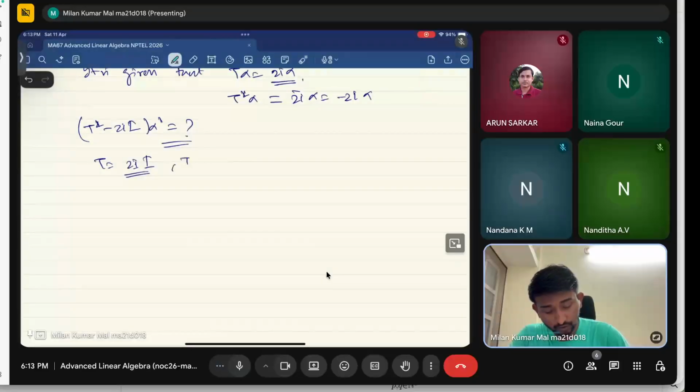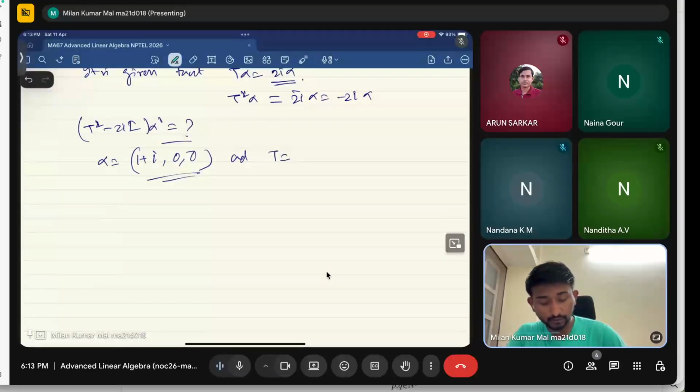So what about this? Okay, let's take alpha equal to some vector like 1 plus iota, 0, 0. This is the vector. Let me phrase these questions properly.